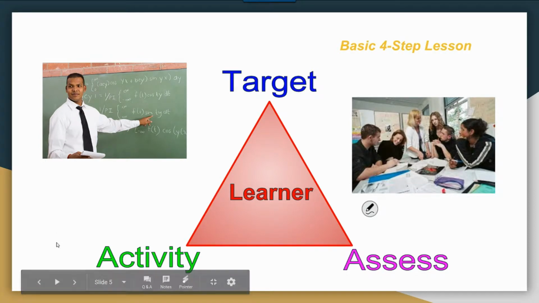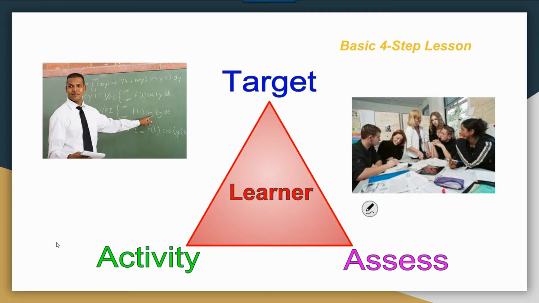Here's my model for the organic lesson plan that I would propose would be most effective for you. There's really 3 things in a lesson plan that must tie together and coordinate. And the first is your learning target. You know, where do you want to go?